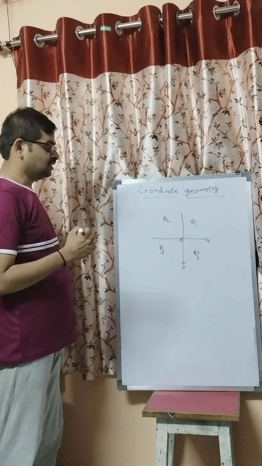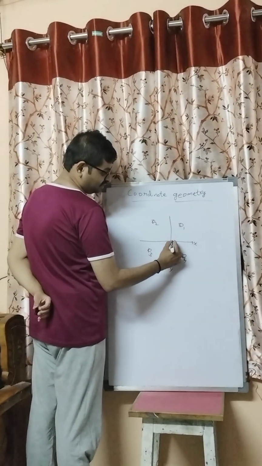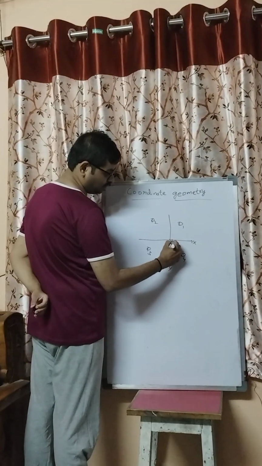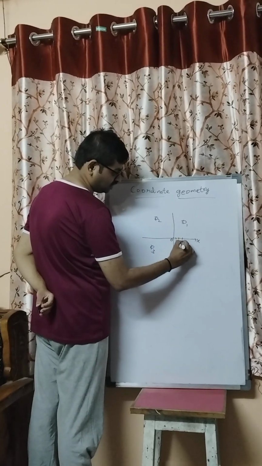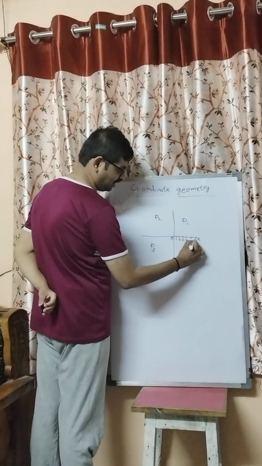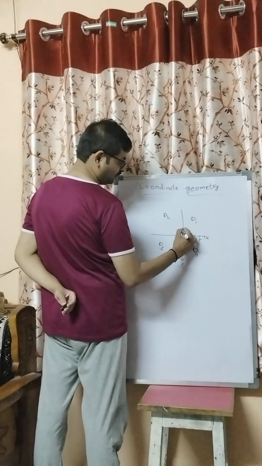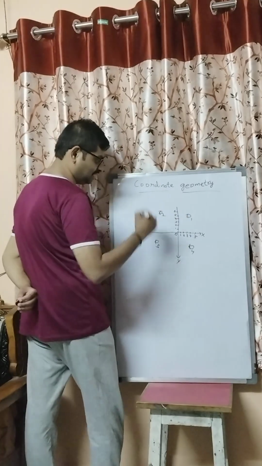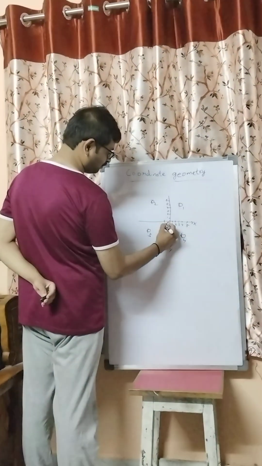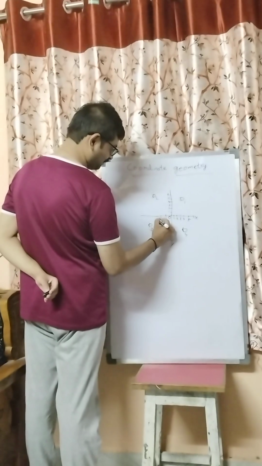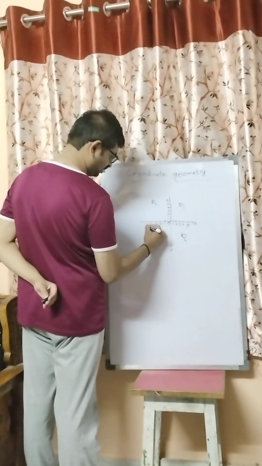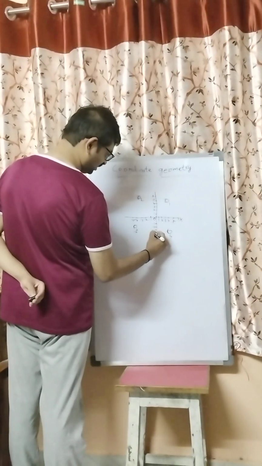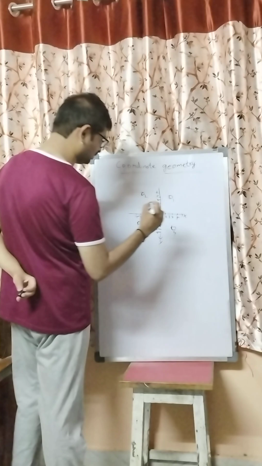Here I am representing the x-axis with the positive numbers 1, 2, 3, 4, 5, 6 like this, and here also I am representing with -1, -2, -3, -4 and -5. Here also I am representing with -1, -2, -3, -4 and -5 like this.